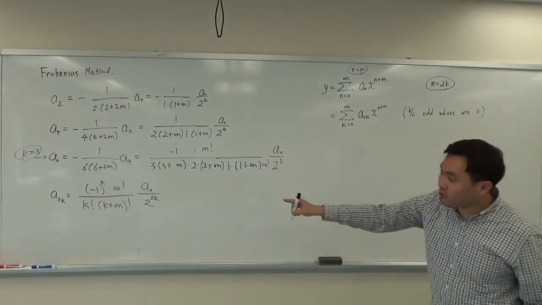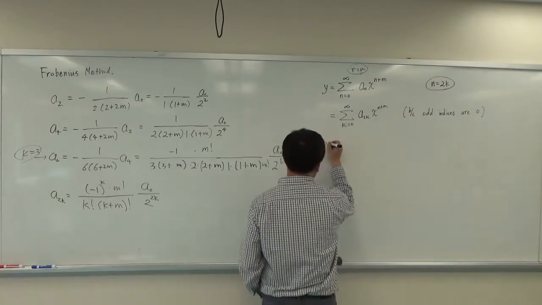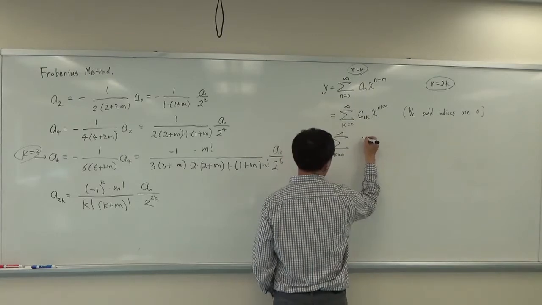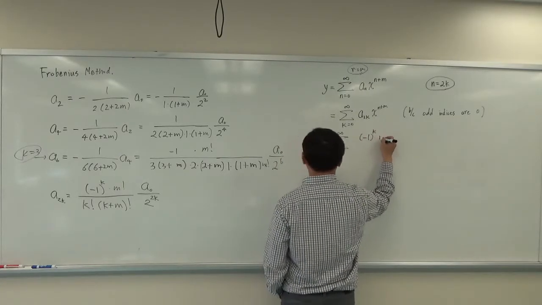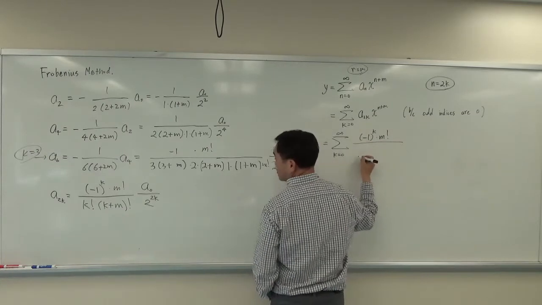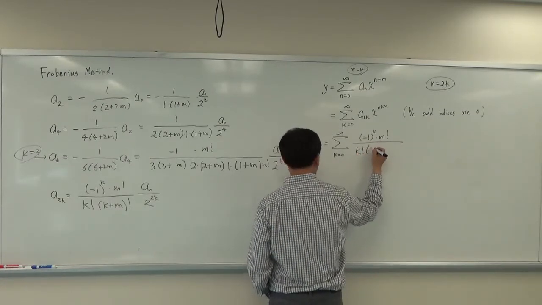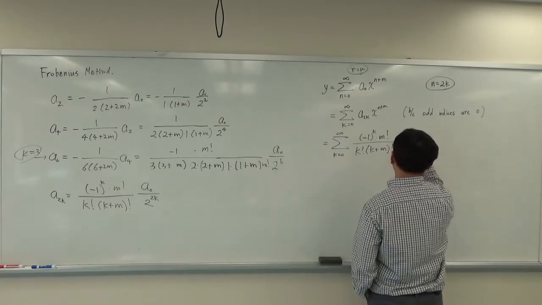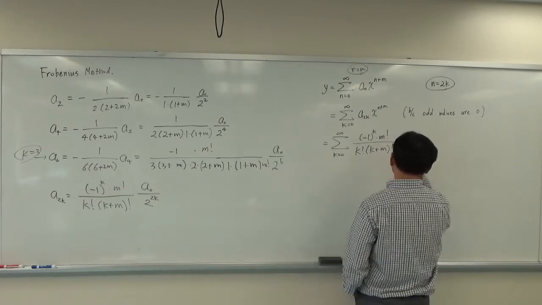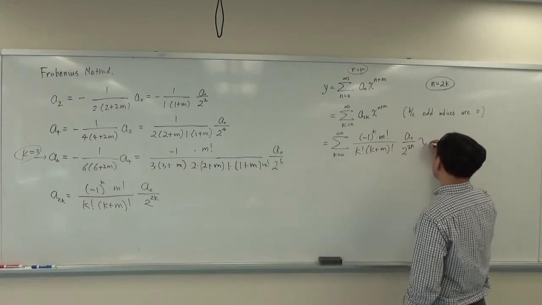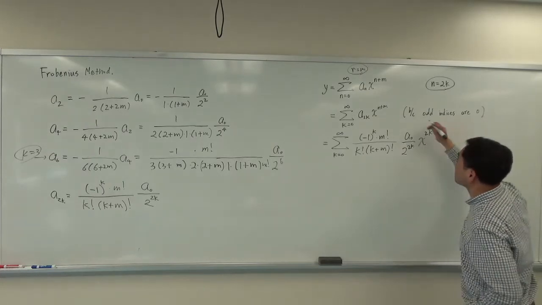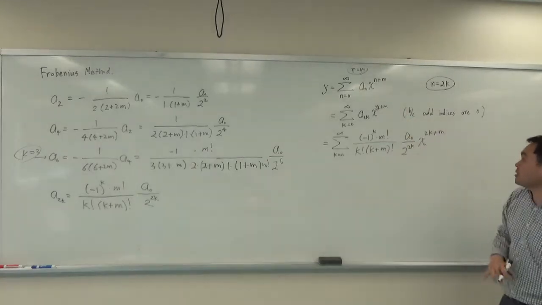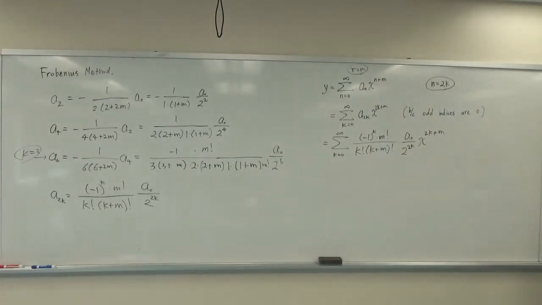And then because now we have a2k, we can rewrite that in this fancy sum as negative 1 to the kth power m factorial over k factorial k plus m factorial, and then a0 over 2 to the 2k, and then x to the 2k plus m. Oh, sorry, n is 2k, so I should have replaced n by 2k. Okay? So that's what we have.